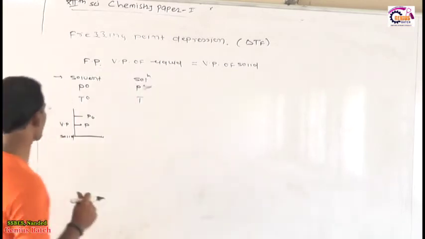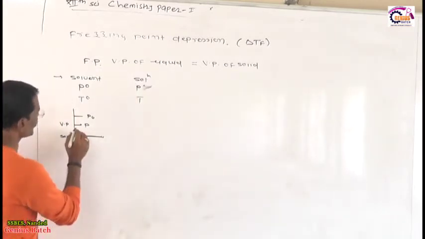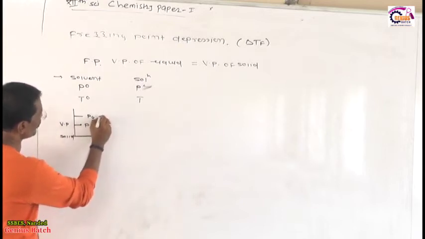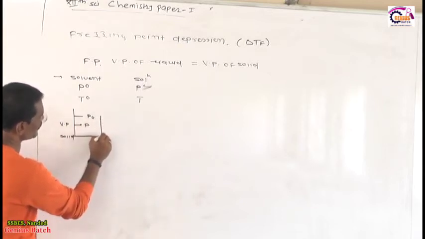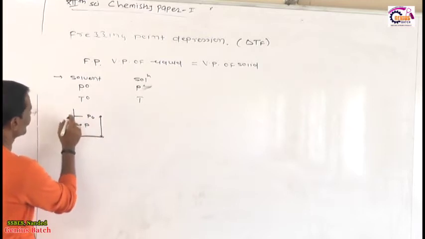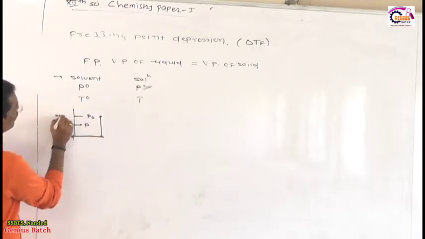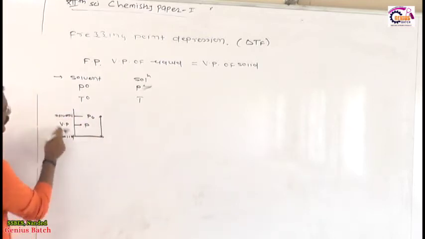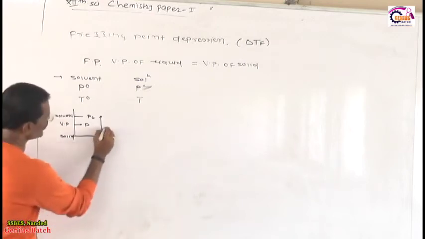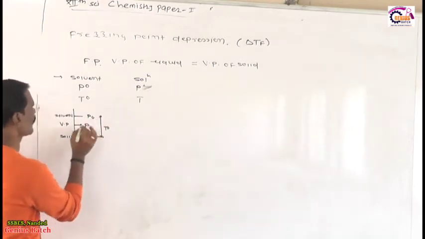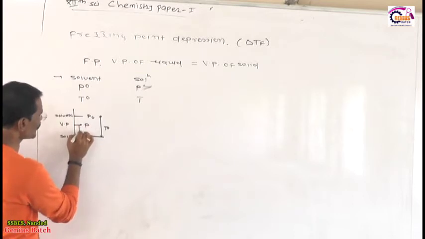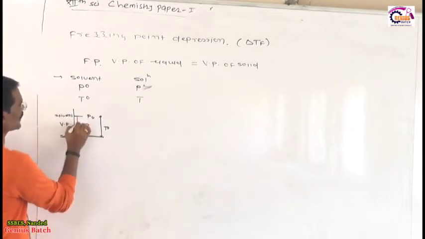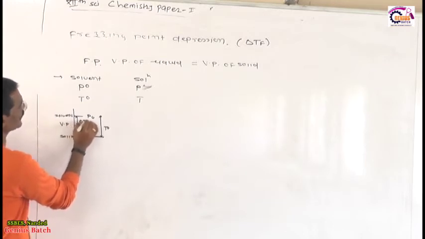See, now friends, what happened? This is the freezing point of the pure solvent, because the vapor pressure of the solvent must be equal to the vapor pressure of its own solid. So, this is called T0. Now, this is the freezing point of the solution, called T. And the difference between T and T0 is called delta TF.